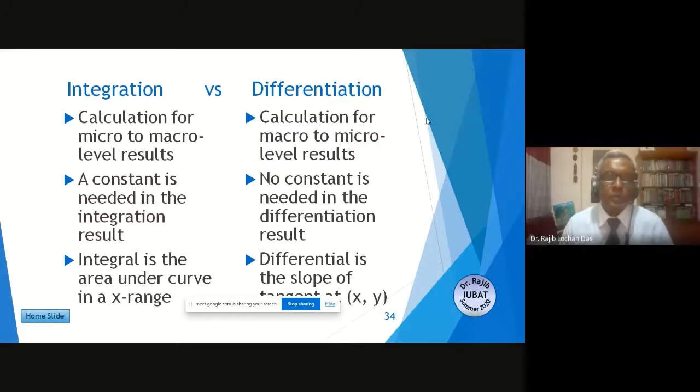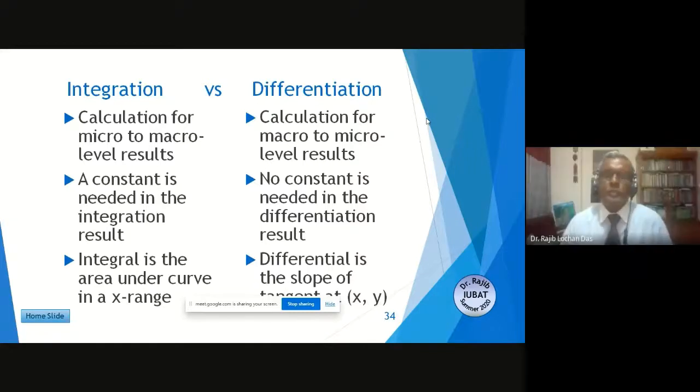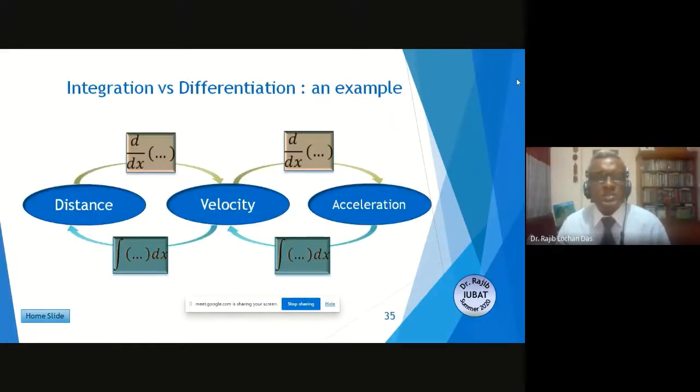Okay, have you read it? Yes, sir. So let me move to the next slide. Next slide is this. This is the same thing we have just done, right?